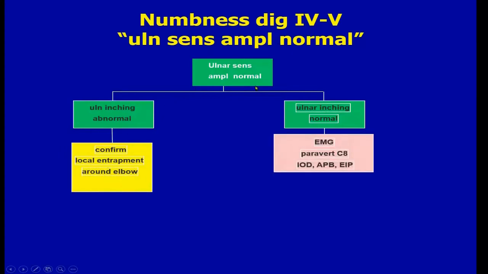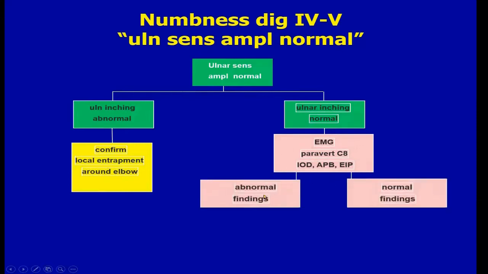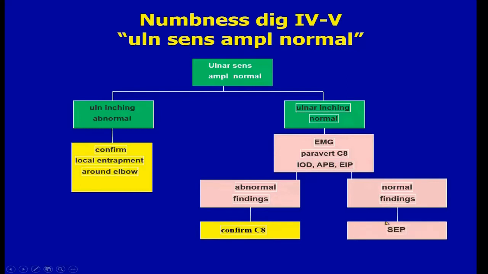But if the inching instead is normal, then we have to think about other possibilities, like a radiculopathy, and then we should be able to confirm the C8, for example. But if the EMG is also normal, then we go to SCP to try to get further evidence for a spinal cord involvement. That was normal sensory amplitudes.